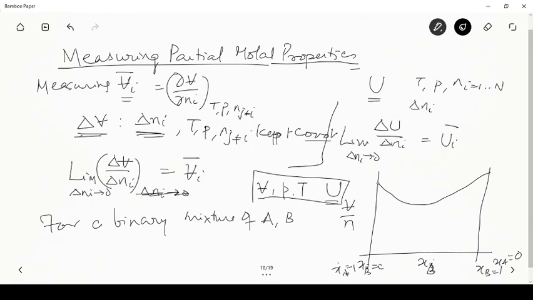So this is the specific volume of pure A, because here Xb is 0, so it's pure A. And similarly at this end, since Xa is 0, this is the specific volume of pure B. So anywhere in between, if I want to get the partial molar property, then I can use what is called the method of intercepts. How do I do that?